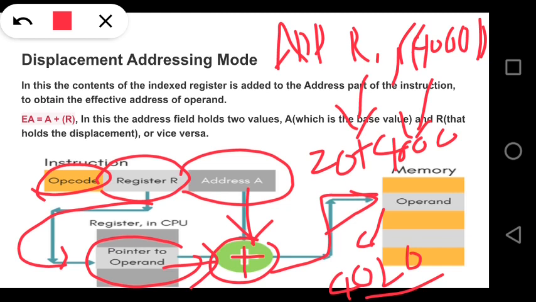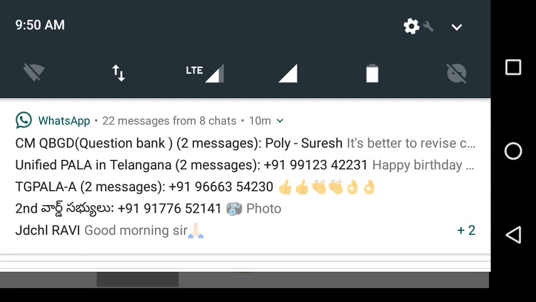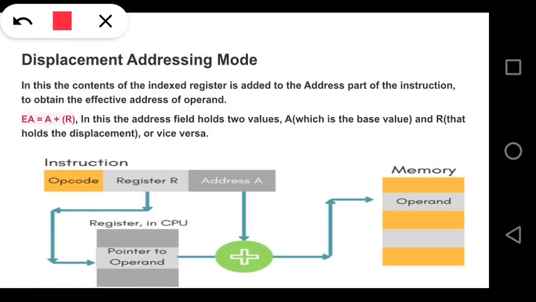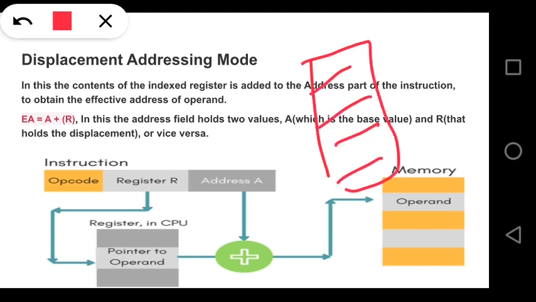Here we make use of a special type of registers called index registers, and this is especially used to access array elements. So remember how an array works. Array elements are stored in memory in contiguous memory locations starting from 2000, 2001, 2002, with values like 10, 5.